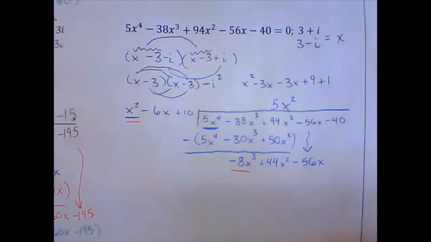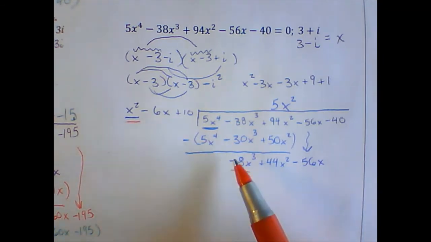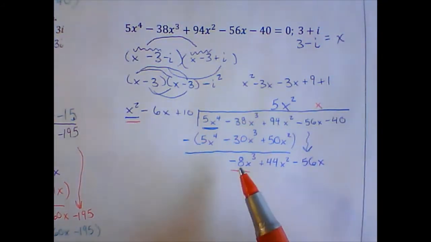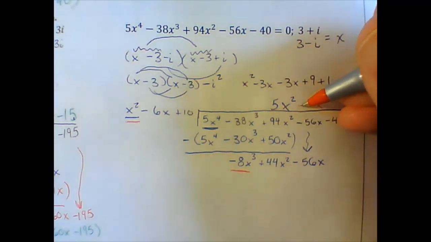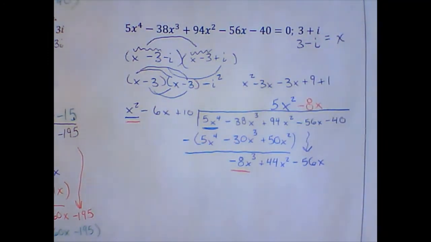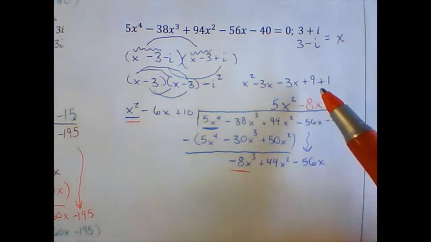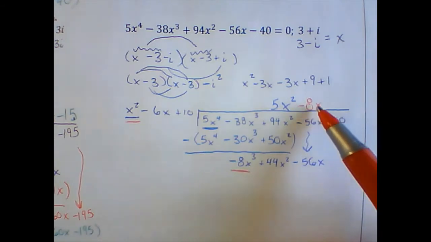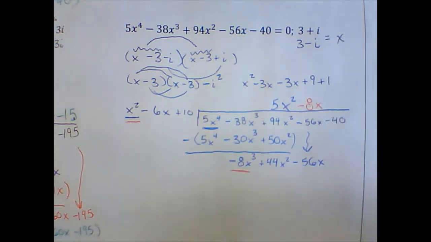Okay, new cycle, first term again. x cubed, we have an x squared, so we probably just need an x, and then we need to match a negative 8. The negative is critical, so you need another negative 8. You want an exact match. So this guy will multiply, and he will distribute, okay? And be really careful with the negative signs as you're doing this.